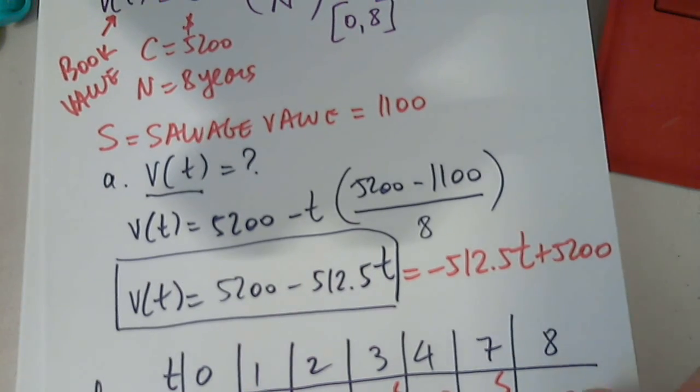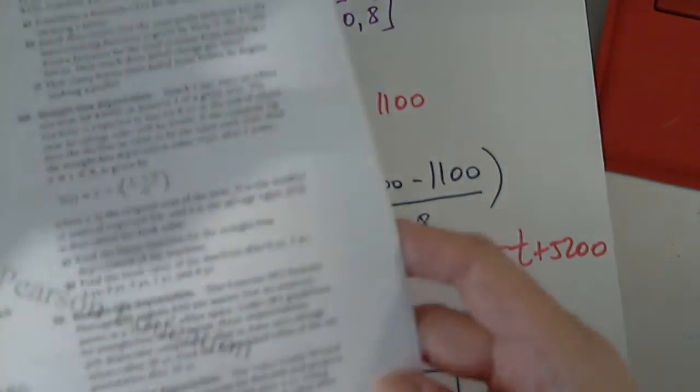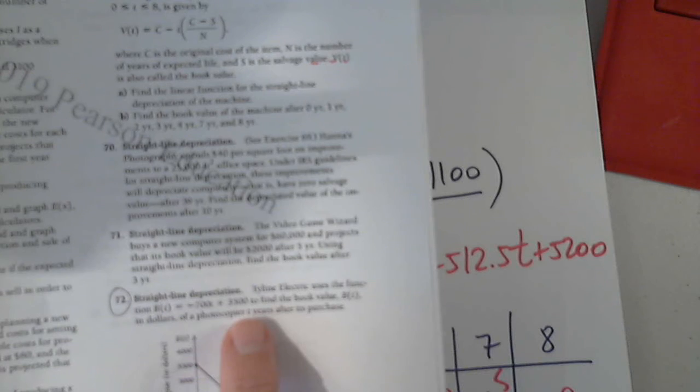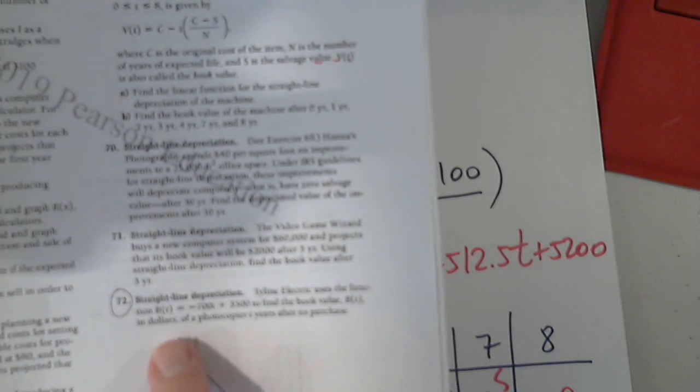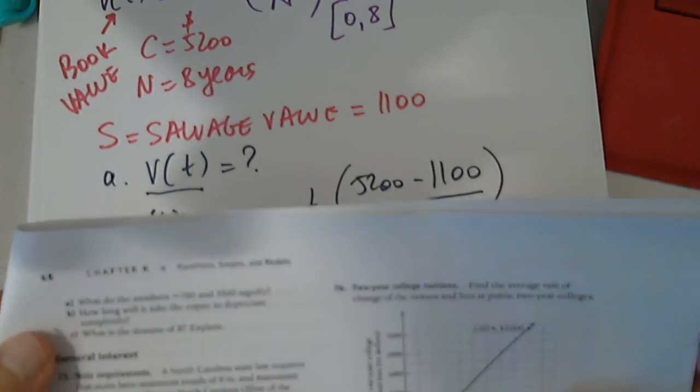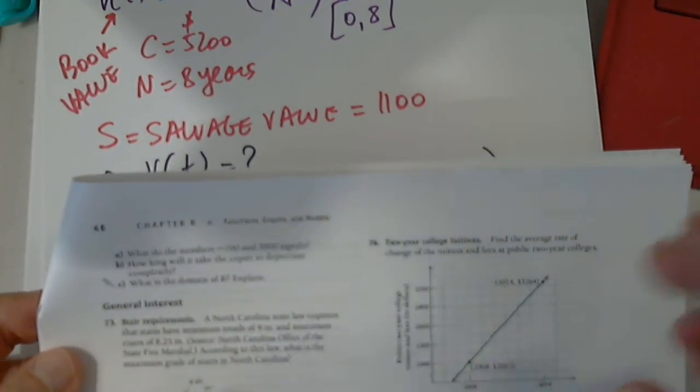Okay, so this was 69. I don't know if we still want to do 72. We are given the function, and that is the book value of a photocopier, which is the same idea, 2 years after its purchase. And maybe we just read it quickly if we want to go back.